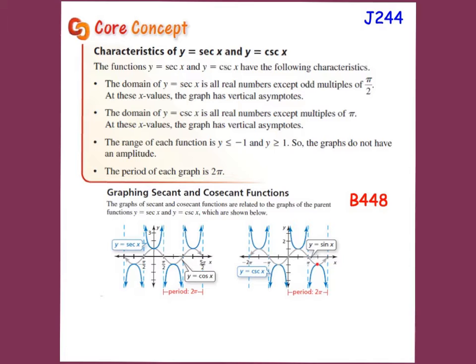And then the minimum point of the sine function is going to be where the highest point of the cup is for your cosecant function. Similarly, if you are graphing your cosine function, then the highest point of the cosine function will be the lowest point of the facing up cup of the secant function, and the lowest point of the cosine function will be the highest point of the facing down cup of the secant function.